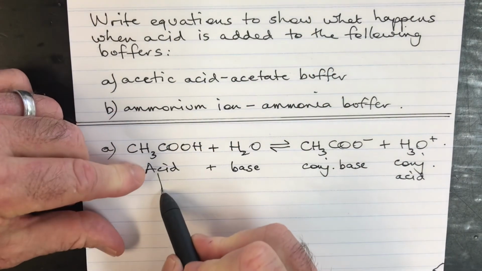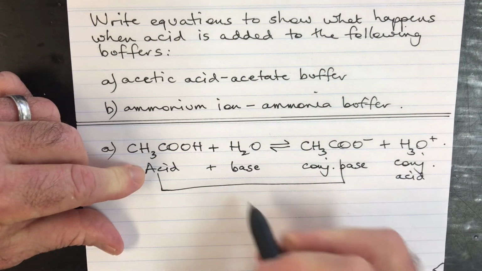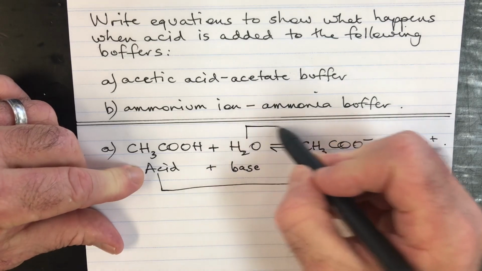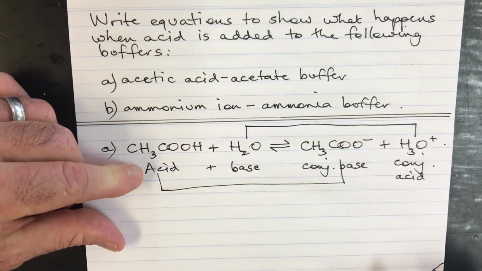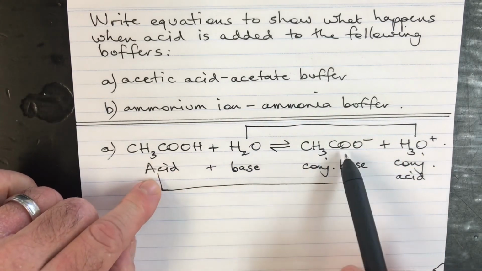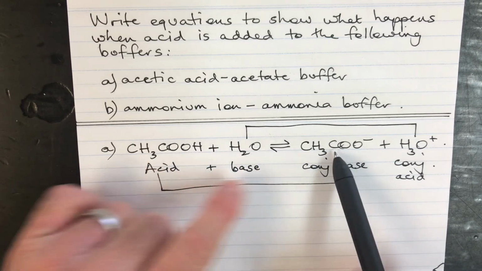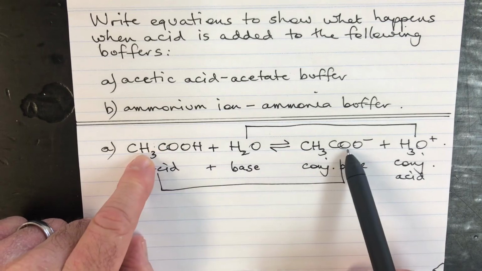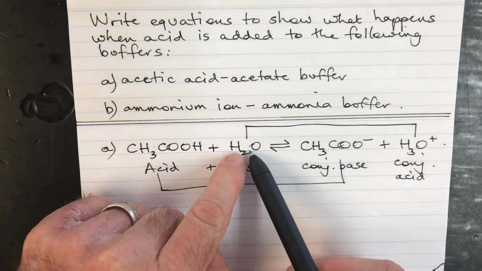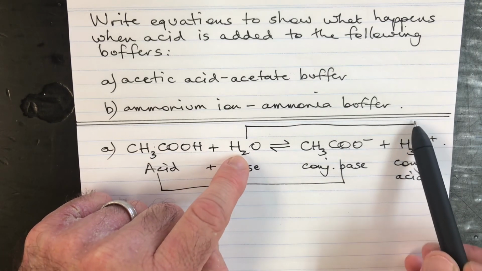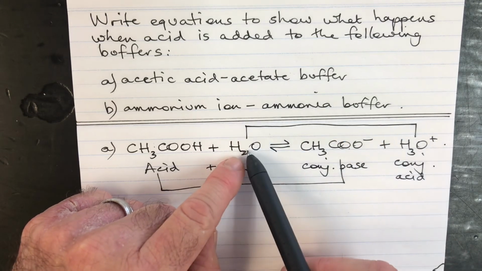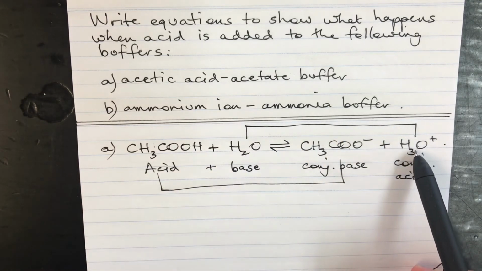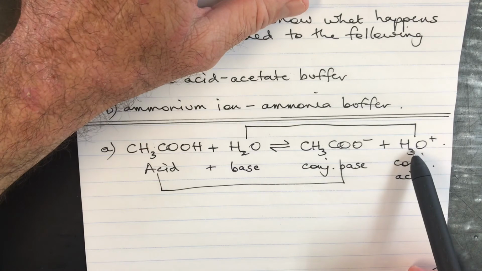The acid is connected to the conjugate base, and the base is connected to the conjugate acid. Just to double check, this molecule here was this one before it lost a proton. The hydronium ion was the water molecule before it gained that extra proton, hydrogen ion.